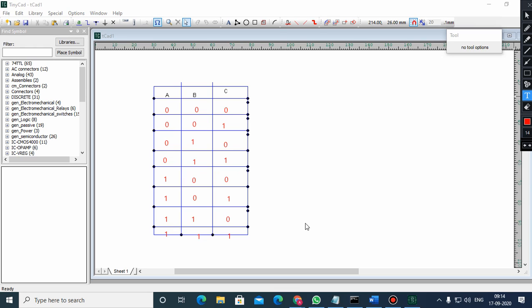So these are the 8 combinations. Now what you need to do is, you need to have one more line for the output.